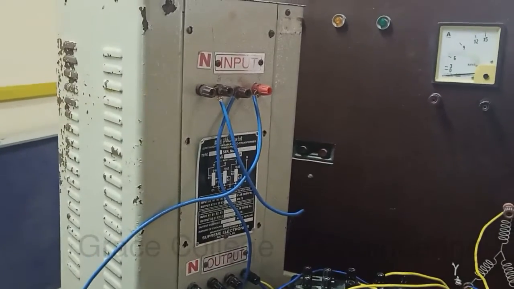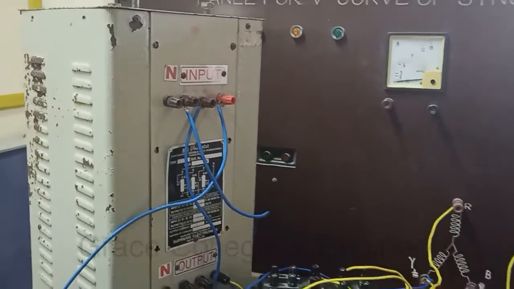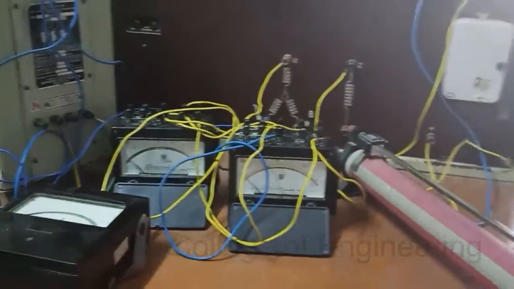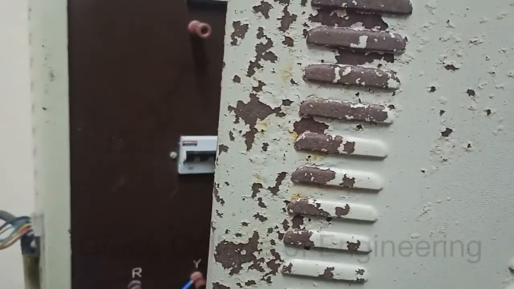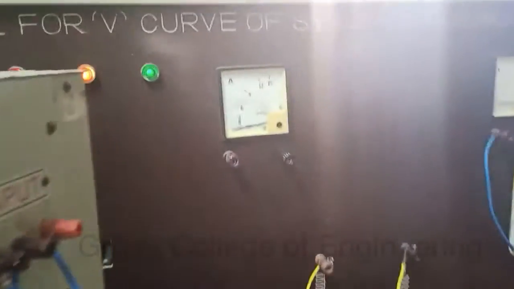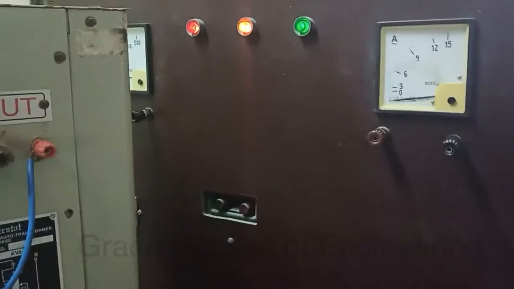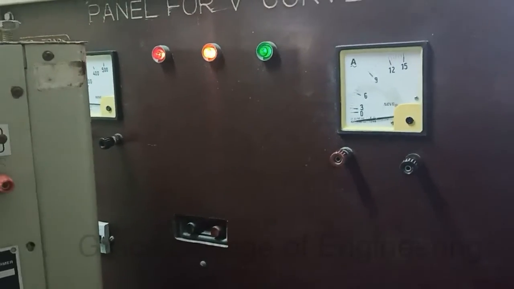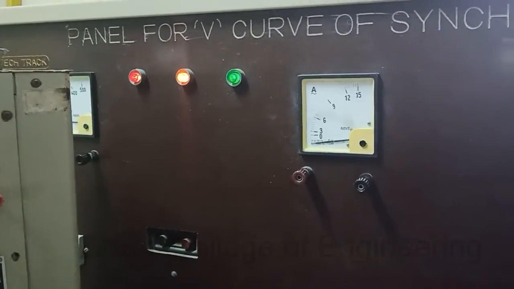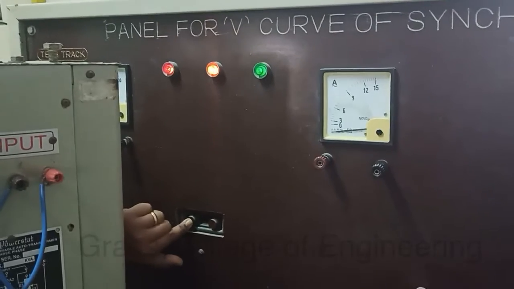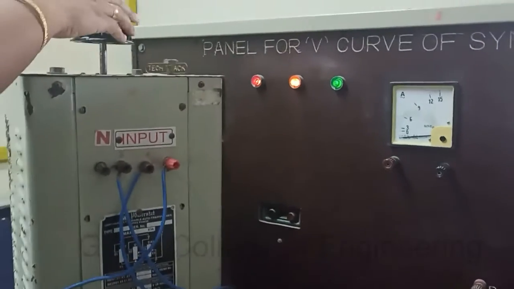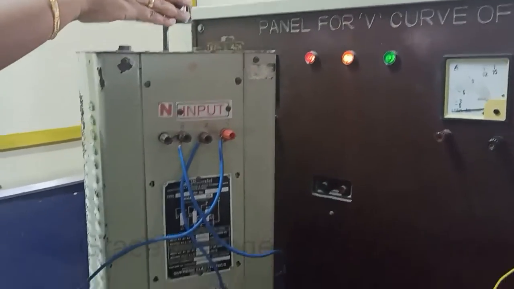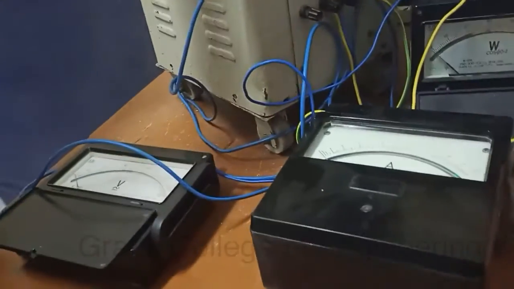This is the circuit. As per the circuit diagram, we connect the circuit. We switch on the supply. Now by varying the auto transformer, we set the rated voltage.